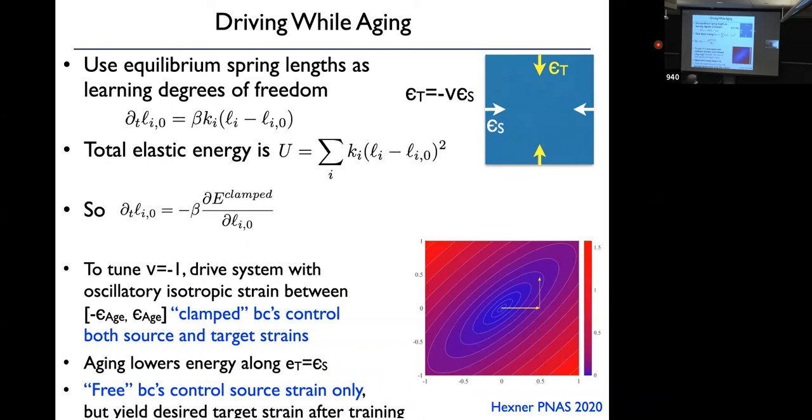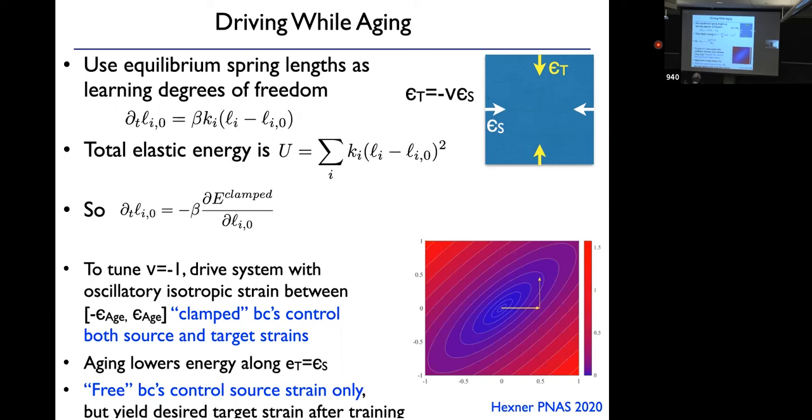So I'm going to introduce some language now. I'm going to apply my source strain. If I want a Poisson ratio of -1, I'm going to imagine applying my source strain, which is that I just compress the system this way. And I'm going to apply what I call the clamp condition, a boundary condition, where I apply that source strain and then I apply the desired target response.